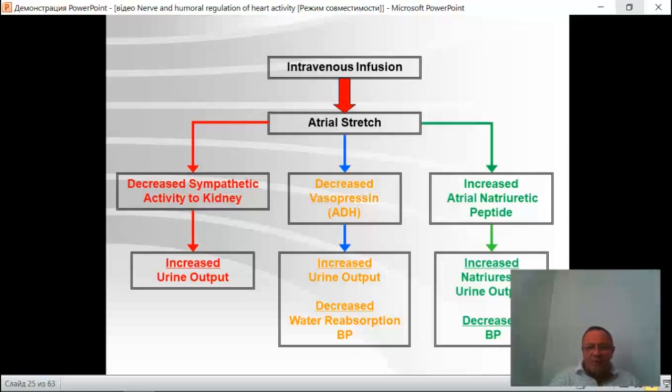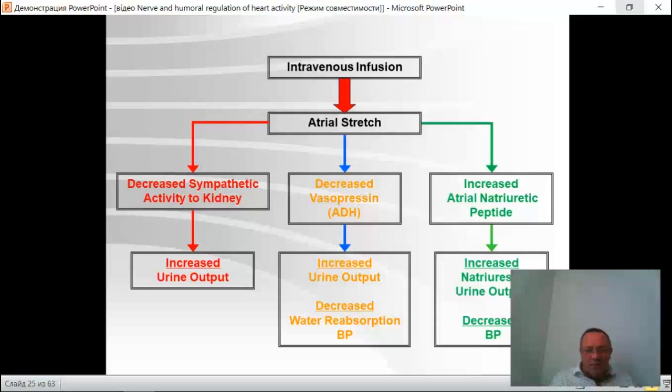On the table, you can see the reaction of the heart to intravenous infusion. Intravenous infusion results in arterial stretch, and like effect, first, decreased sympathetic activity to the kidney and increased urine output.